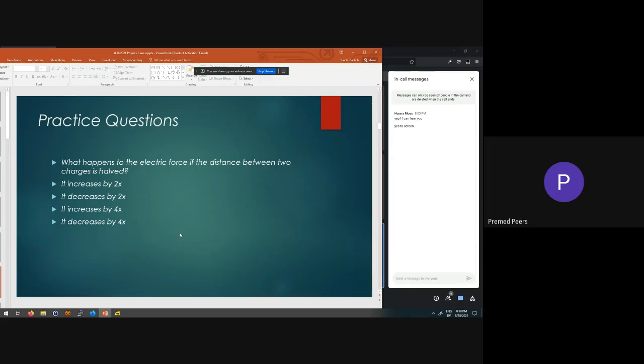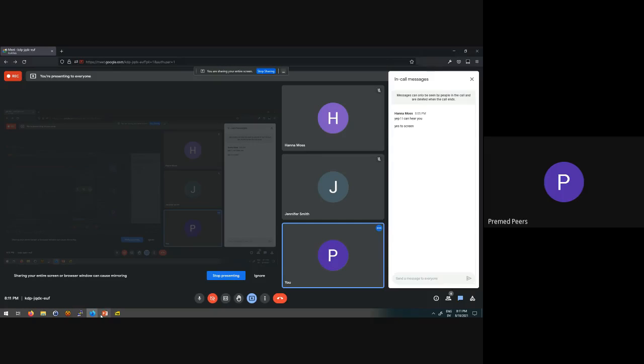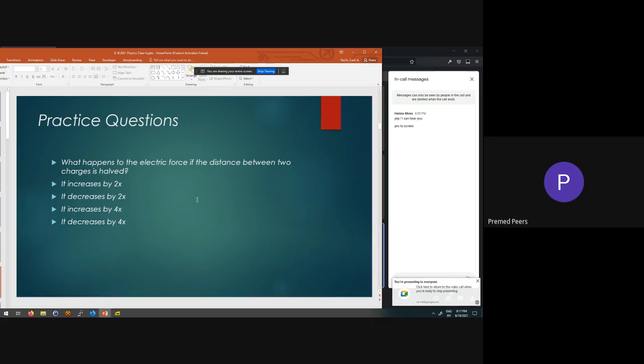I can go back to the previous slide if you need, but if we have 2 charges and we have the distance between them, what happens to the force according to that law? Sorry, any guesses here?